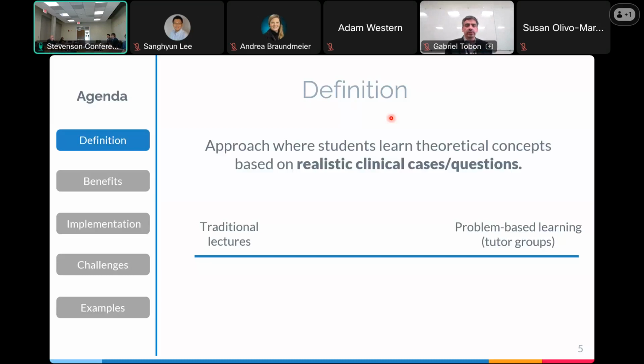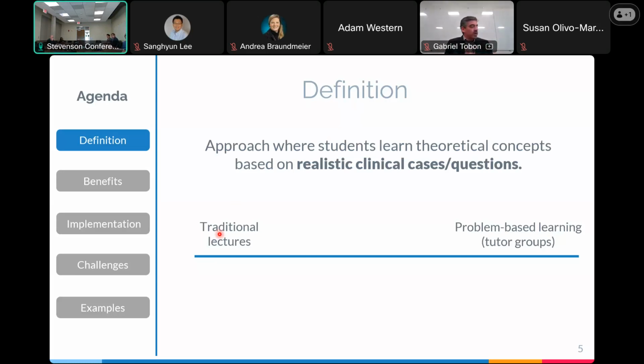So what is the definition? If we think about the traditional lectures, we are right here. We have to deliver content in a given time, for example, 1 or 2 hours, with one-way communication with the students. Sometimes the students are not very well engaged in traditional lectures, but lectures are still very important.